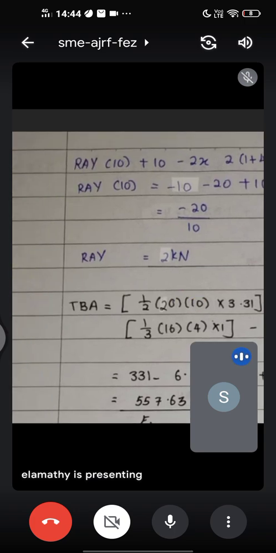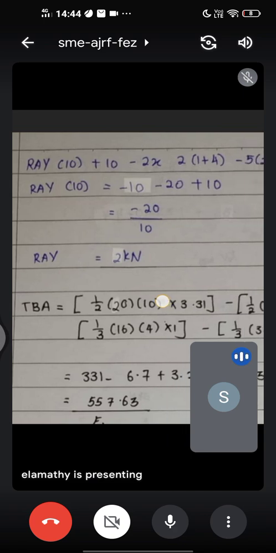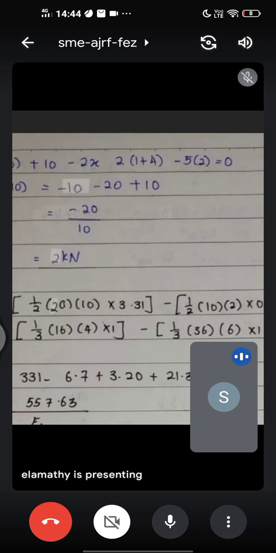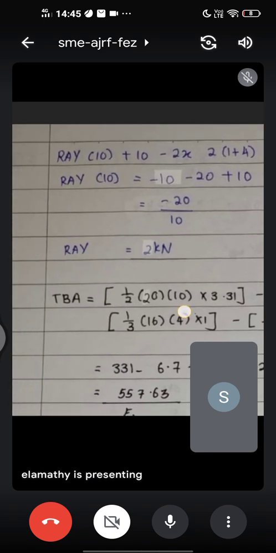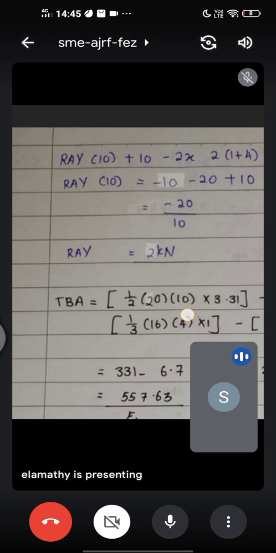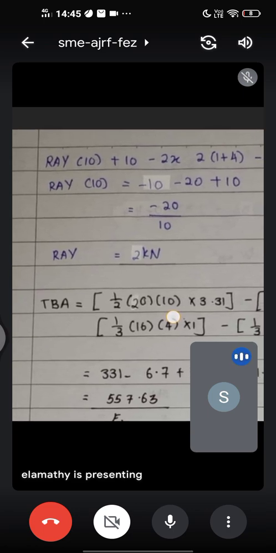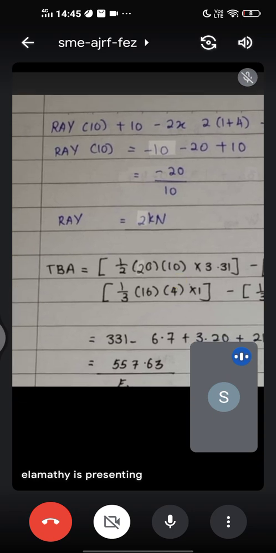So this will be the equation for Ray. 10 plus 10 minus 2x, 2x open bracket 1 plus 4, plus bracket minus 5 power of 2 times 2 equals 0. After we simplify it, we will get Ray equals negative 20 over 10. The final answer will be 2 kN.